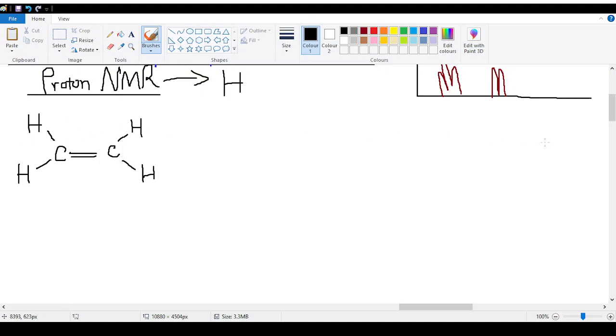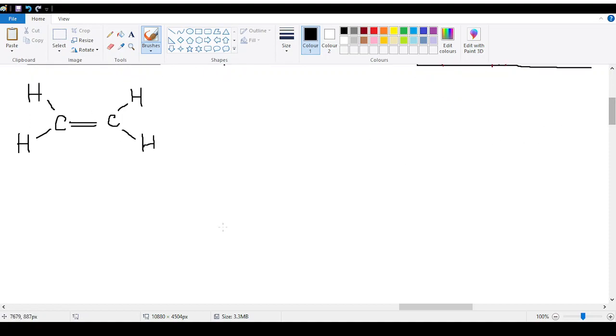Now, in this compound that I've drawn here, you can see hydrogen, right? There are 4 hydrogens. Now, it's important to understand their environment. So think about the hydrogens. Let's say this is hydrogen 1, hydrogen 2, hydrogen 3, and hydrogen 4. So there are 4 individual hydrogens.